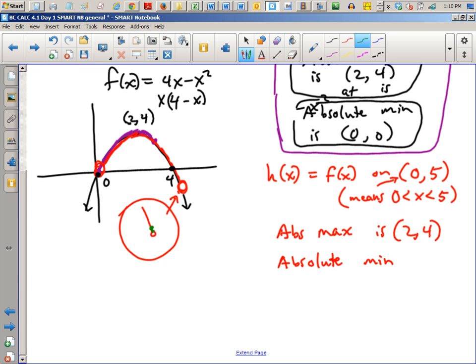In fact, you could get as close as you want to 5, and there's always another point slightly below the one you just looked at. So there is no true minimum here. It's kind of a weird idea. So it does not exist. There's none.